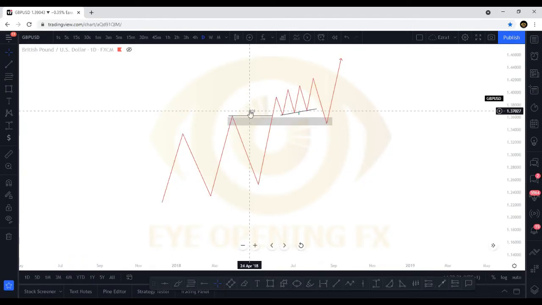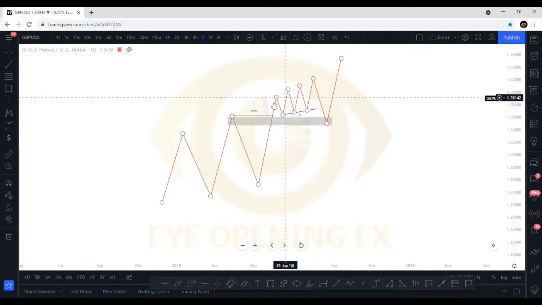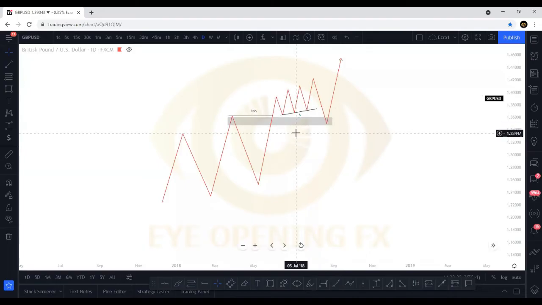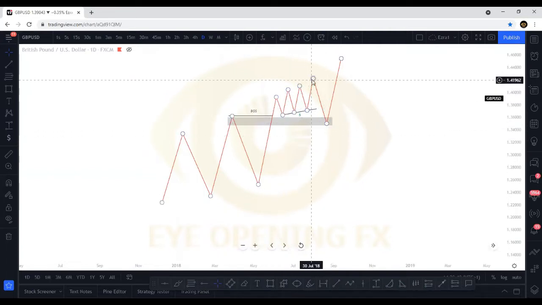When the market creates this, we call it inducement of a secondary point of interest. This is when the market uses a secondary point of interest.